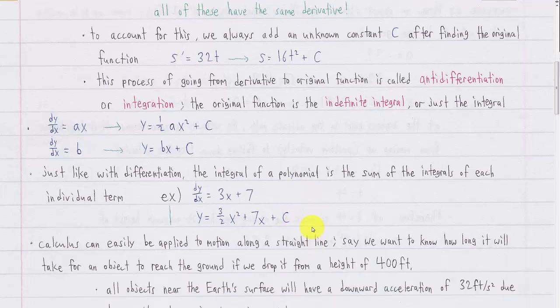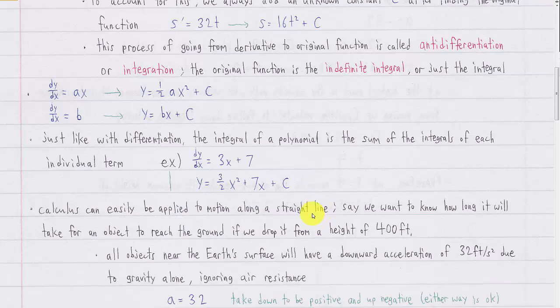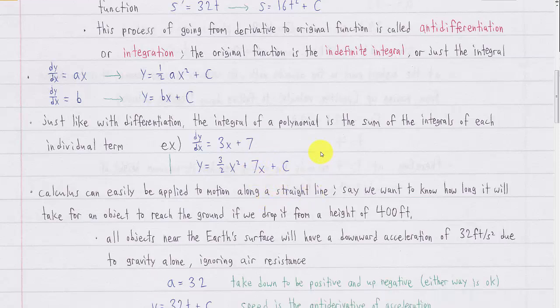So now let's look at how you can apply differentiation and antidifferentiation to some problems of motion. We're going to be looking at motion along a straight line, called one-dimensional motion or rectilinear motion.